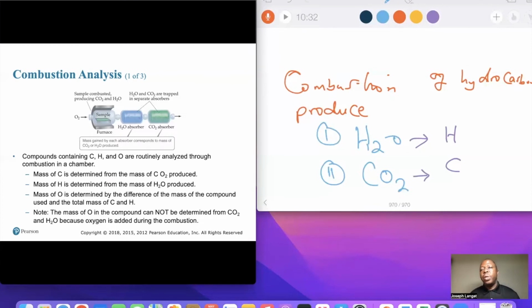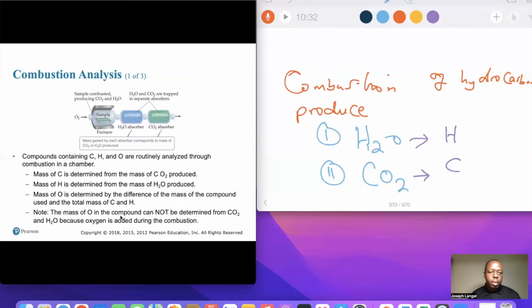So to find the mass of oxygen, I'll sum up the masses of what? Hydrogen and carbon, and subtract from the mass of the sample. You're given that. So what we take home from this slide is that the hydrocarbon has three things, and from its combustion, it produces CO2 and what? And H2O. Those are the two compounds we will use to find the empirical formula of the compound, okay?